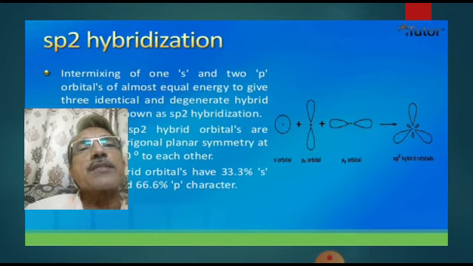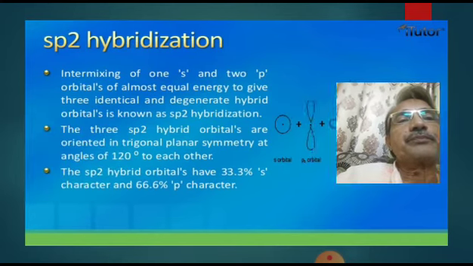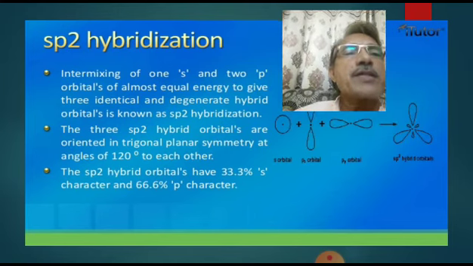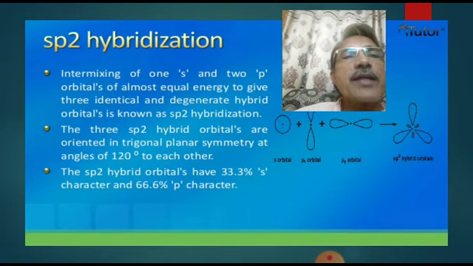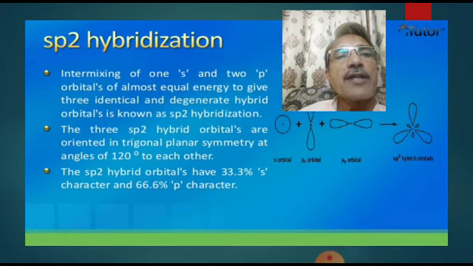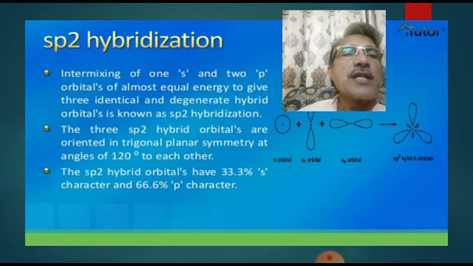Now, sp2 hybridization. Intermixing of one s and two p orbitals of almost equal energy to give three identical and degenerate hybrid orbitals is known as sp2 hybridization.